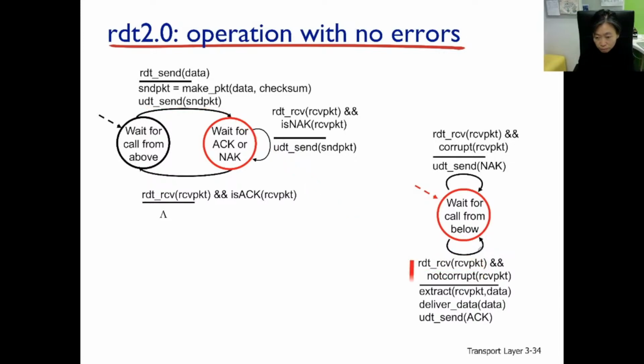Therefore, these are going to be triggered, and we stay in the wait for call from below state. And this generates a message being sent back this way. Because it's an ACK, we trigger this transition, and the sender goes back to the wait for call from above state. All right, so this is the no error example.